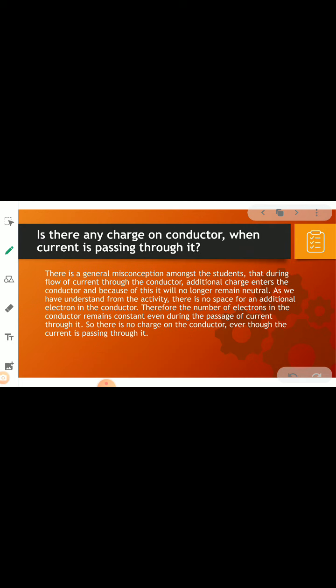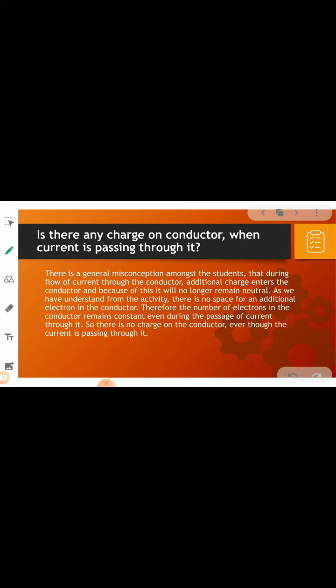Is there any charge on a conductor when current is passing through it? Some of you may have this question in mind: is the conductor having any charge when the current is passing through it?